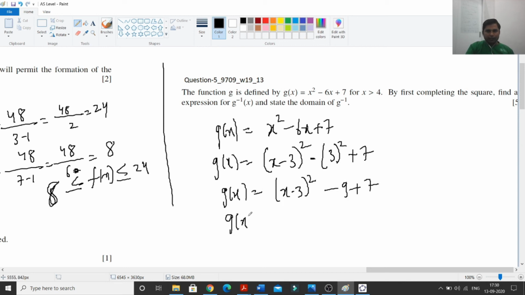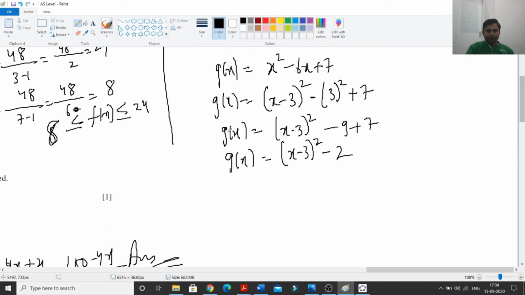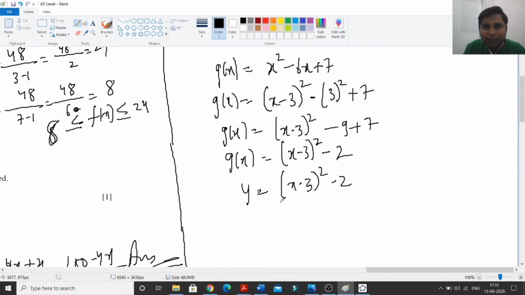So g(x) is x minus 3 whole squared minus 2. And once we get g(x), now if you want to find the inverse, we'll replace g(x) with y. So y is equal to x minus 3 whole squared minus 2. So now replace y with x and x with y. So x is equal to y minus 3 whole squared minus 2.